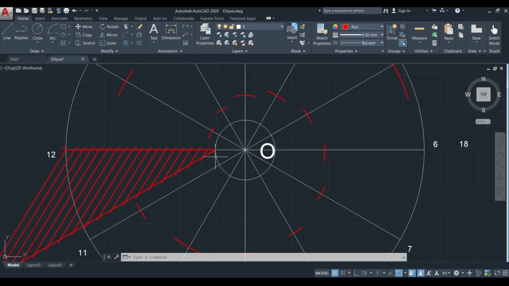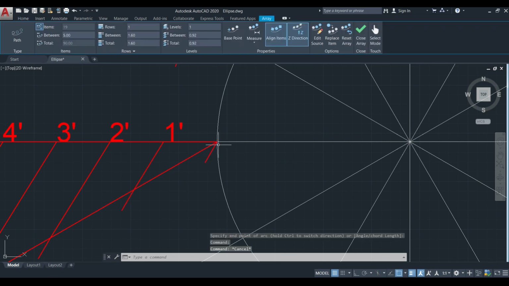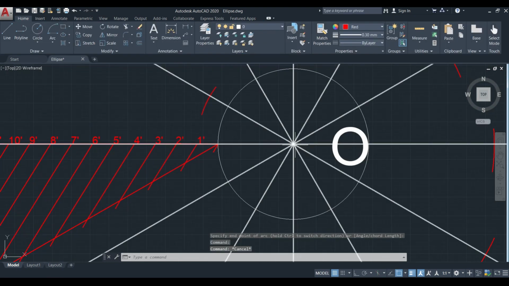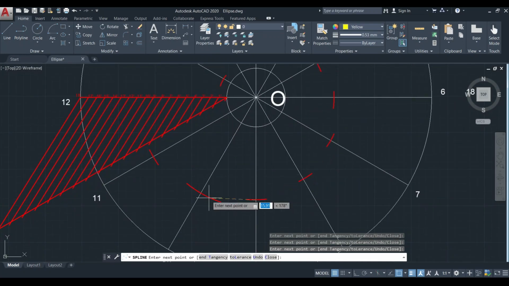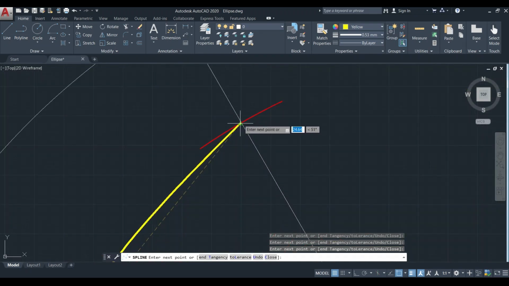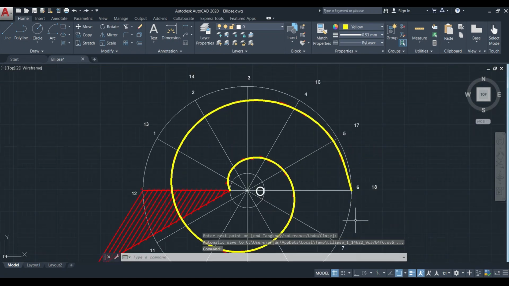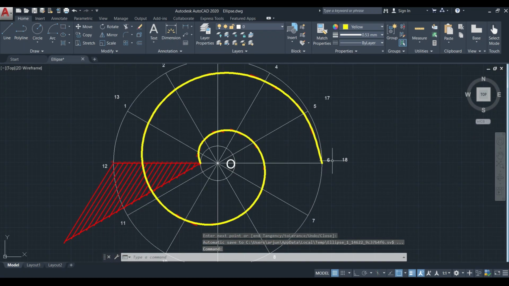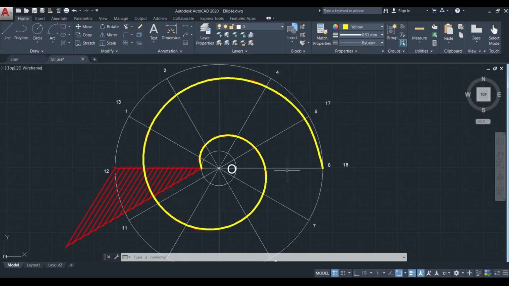Next we have to draw the curve starting at this particular point. It should not be drawn from the point O. So this is how we can draw the Archimedean spiral with 1.5 convolutions.